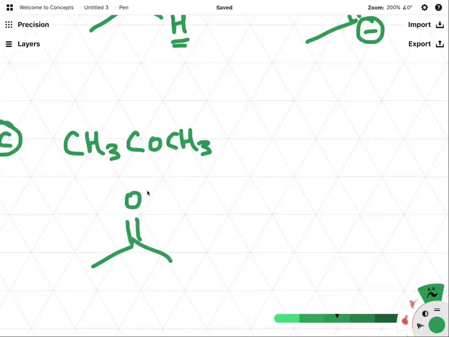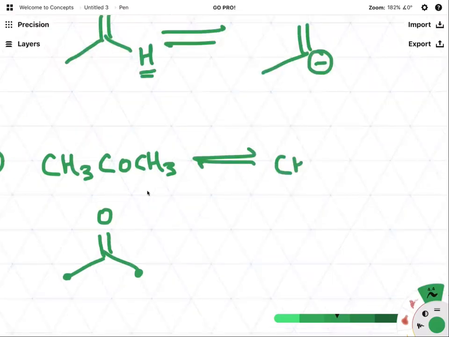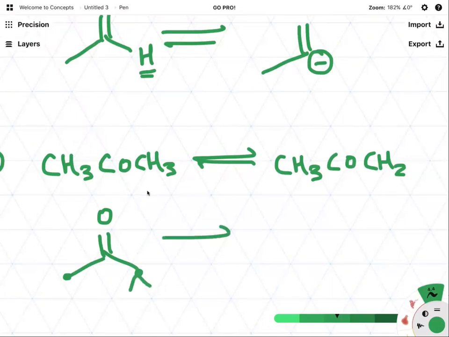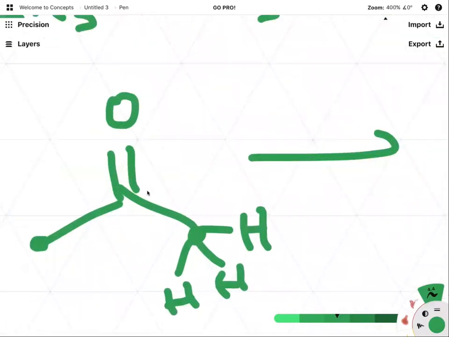When this thing loses a hydrogen, it's going to be one of the hydrogens from the methyl groups on either end. So we're going to have CH3COCH2. Let me draw in the 3 hydrogens. And one of these is going to be leaving.